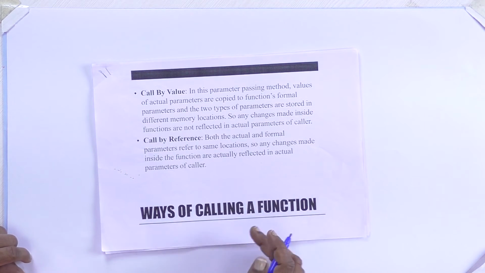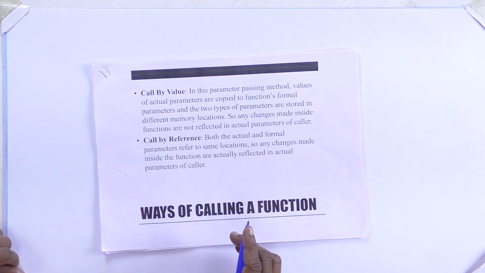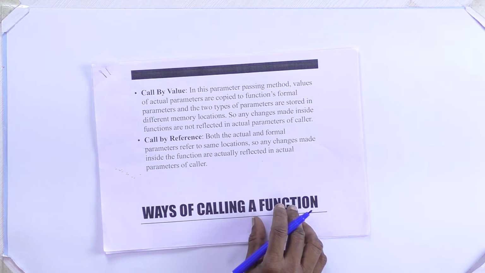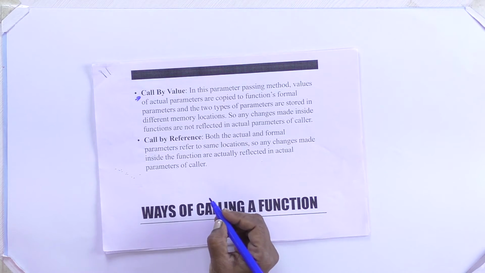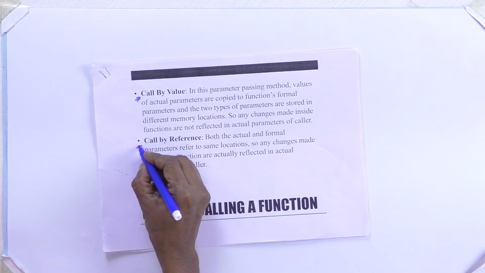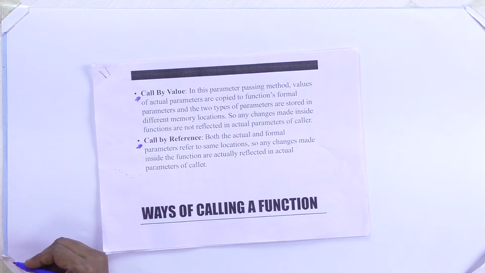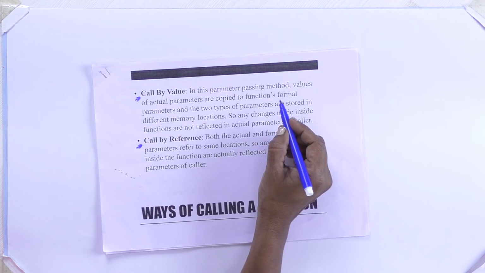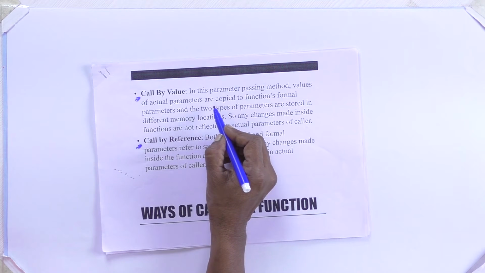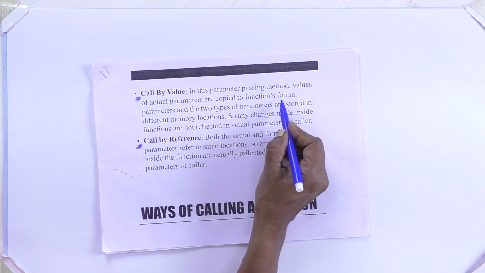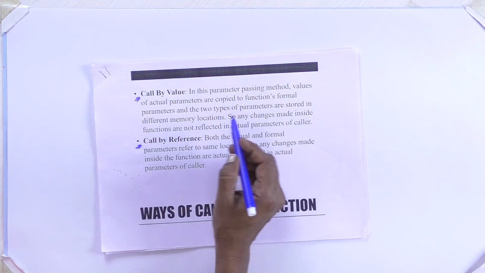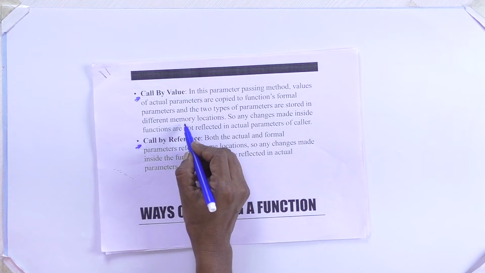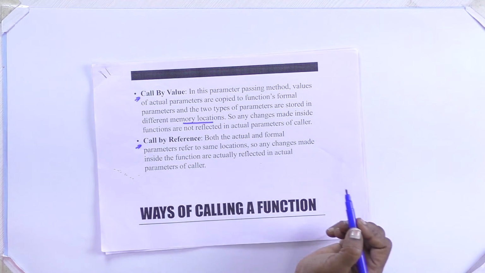So in continuation of functions, there are several ways of calling a function. A function can be called by value. It can also be called by reference. In call by value, the values of the actual parameters are copied to the function's formal parameters, and the two types of parameters are stored in different memory locations.